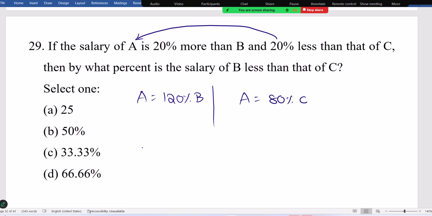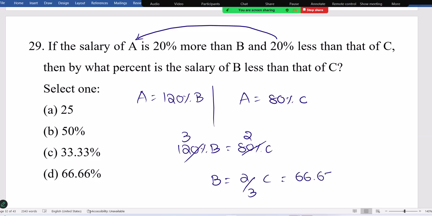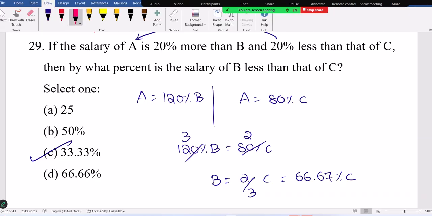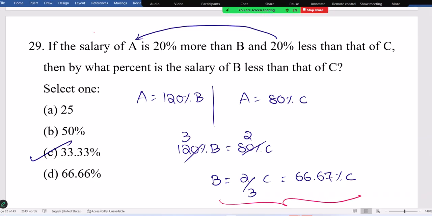When we equate these two, B is 2 by 3 times of C, which is 66.67 percent of C. So how much less is it? B is 66% of C, which means 33% less.